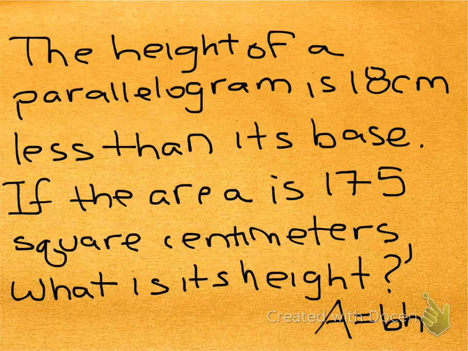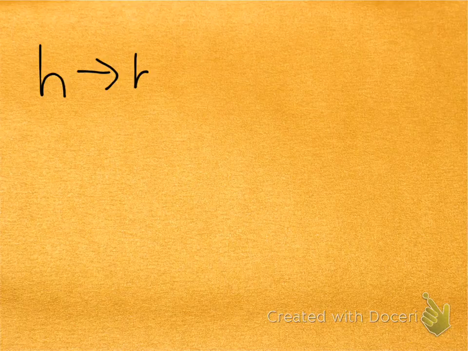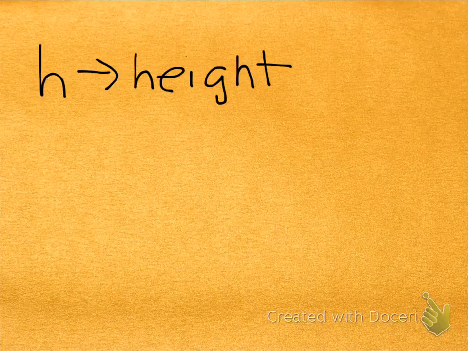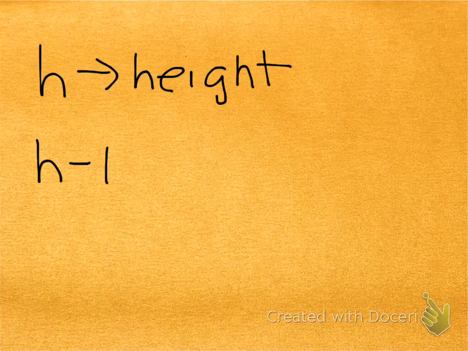So if we put that all together, we have to put it all in terms of h. So the height is going to be h, and the base is going to be h minus 18.